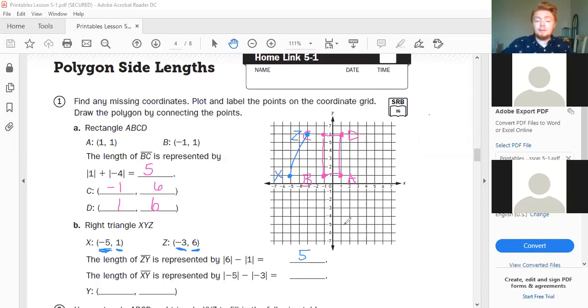Then we have -5 minus -3. There you go, Vivek. Nice. Do you know what this one is? -2. Yes, because the absolute value of 5 and the absolute value of 3 is just 5 and 3, so 5 minus 3 equals 2.